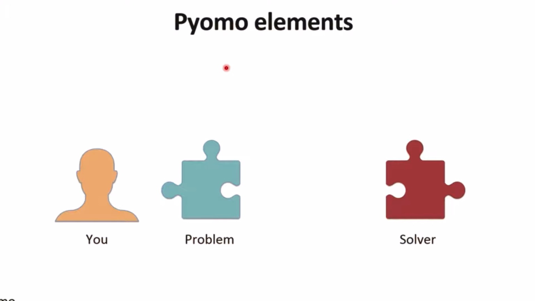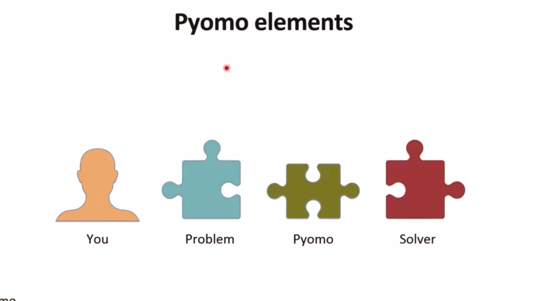I should say that Pyomo is not solving your problem. It's the solvers that solve your problem. This means that Pyomo is only acting as a translator, so it will translate your problem for the developed solver, which is at the back of the problem.